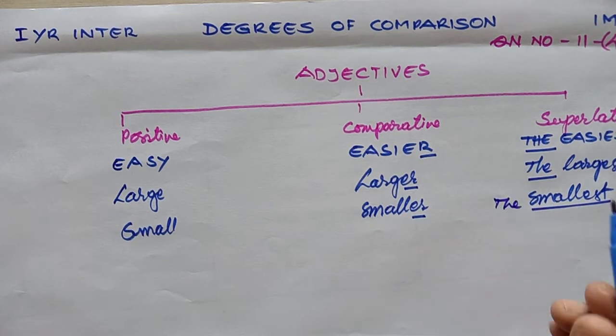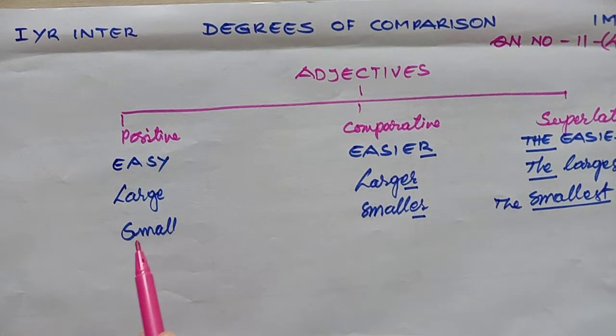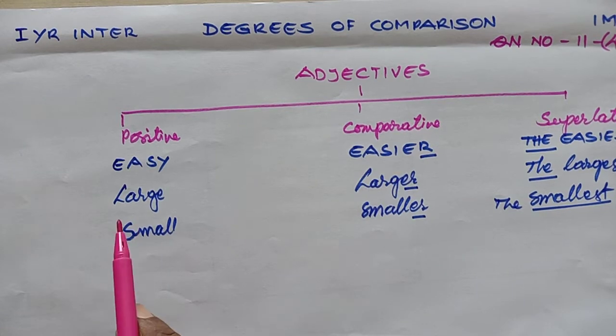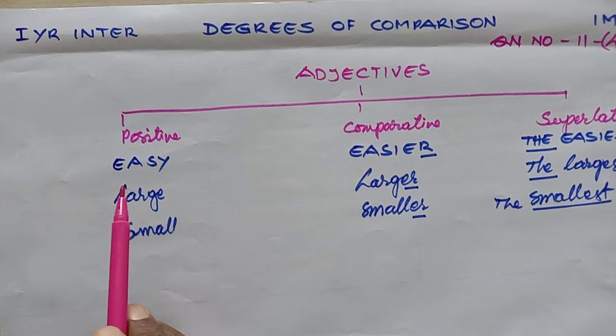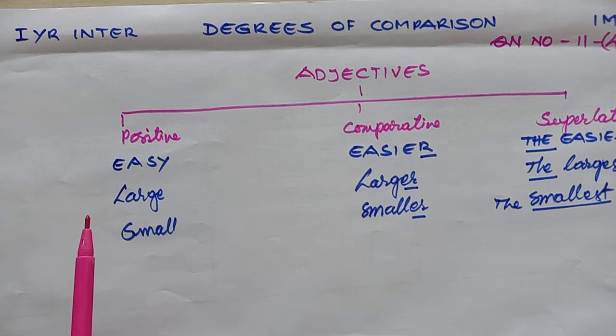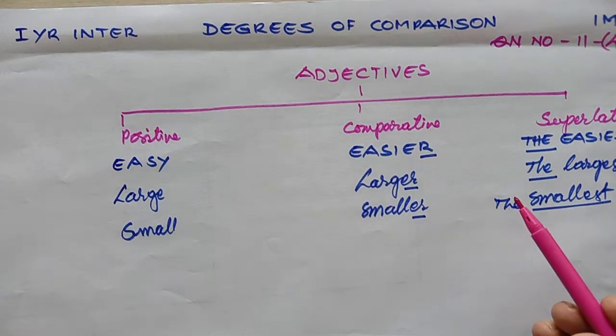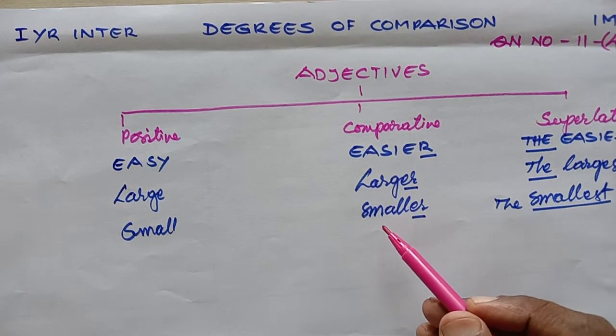The is compulsory. So basically there are 2 things. Positive degree can be used for one person or one object, and the comparative degree is used for 2 things or 2 persons.